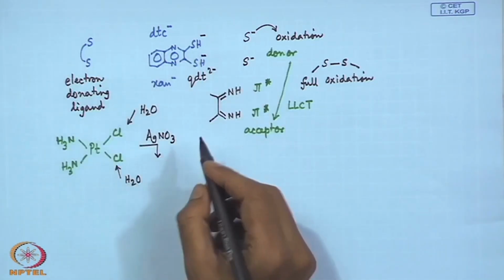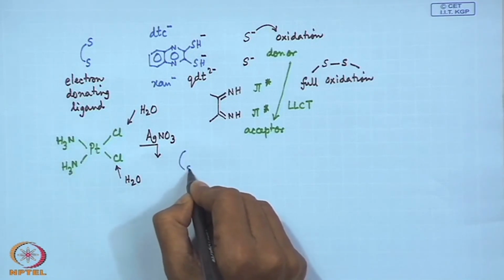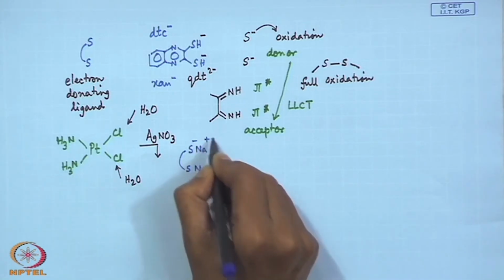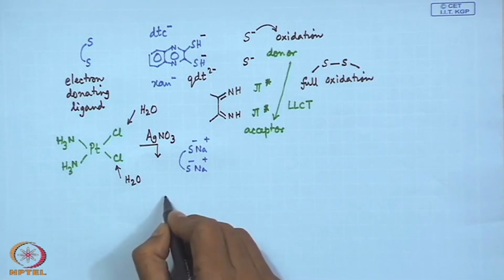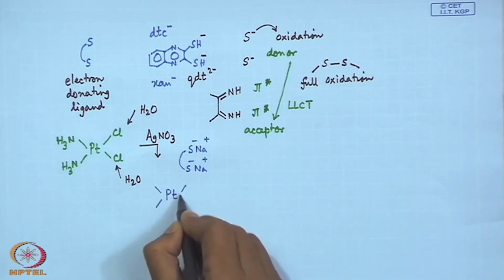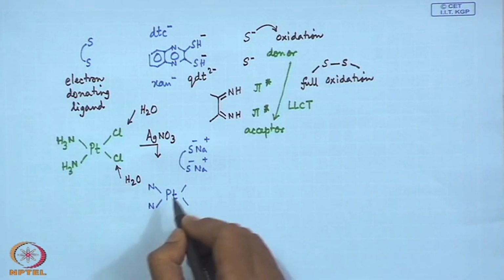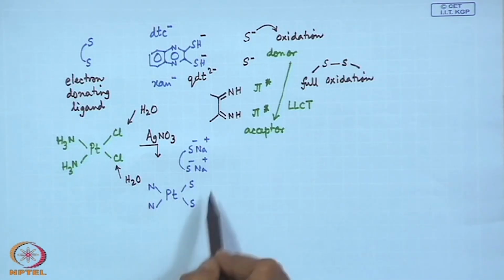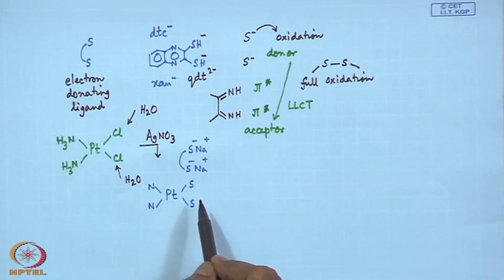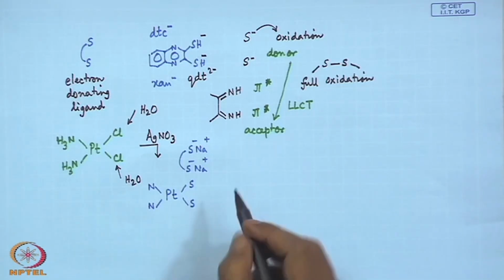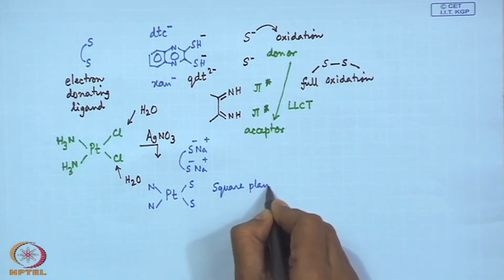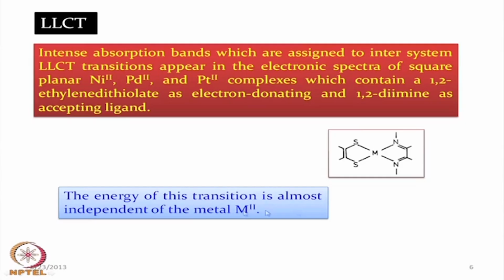Then any of these ligands we can use as the corresponding sodium salt, S minus Na plus, and we will end up with a compound like this, where we have a nitrogen and sulfur environment around the platinum center. So we have the mixed or heteroleptic species based on the platinum compound, which is square planar. This geometry is also important, that it should be square planar for this type of electronic transition.